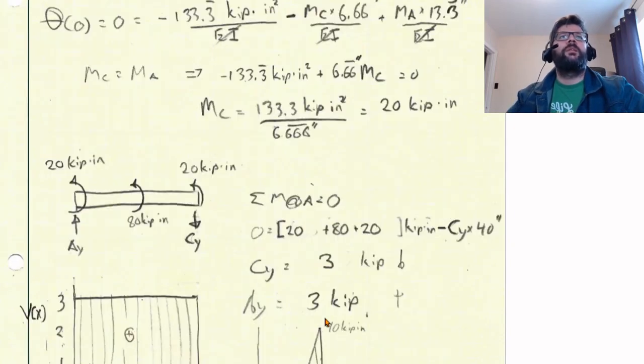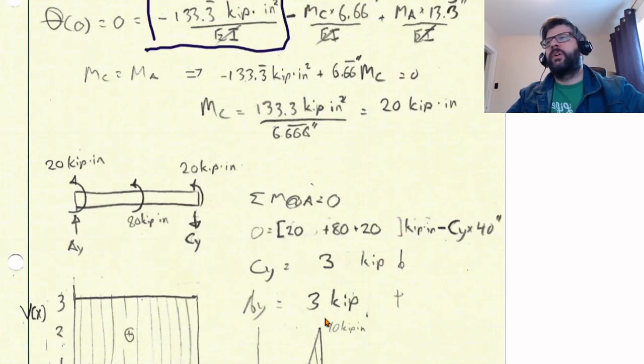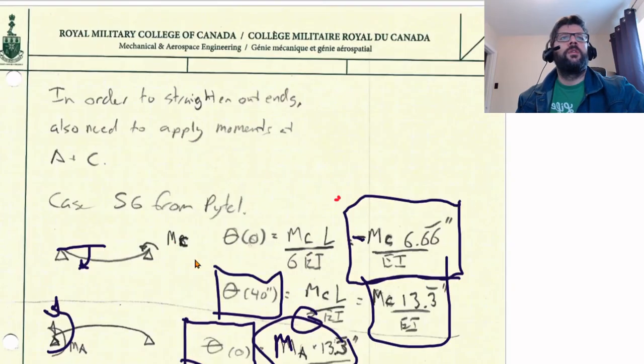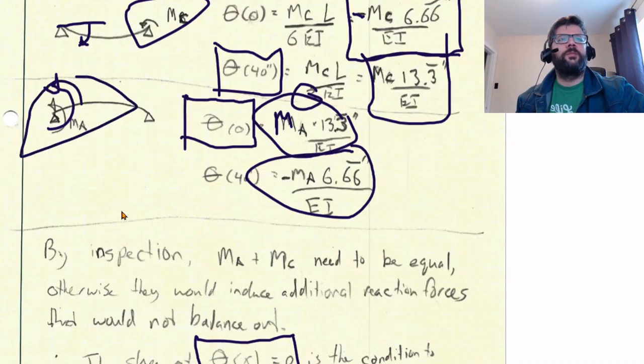So again, we've got the slope at 0 based upon the first case, and then minus this based upon the rotation from here, and then plus the rotation due to this case here.